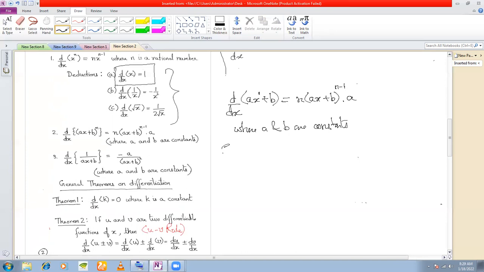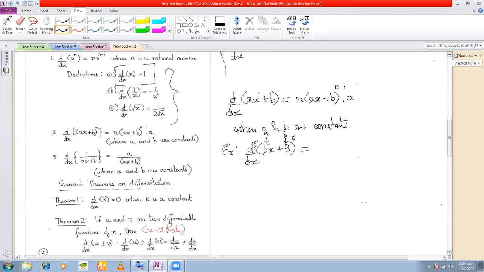Okay, let's take an example. Suppose I want to differentiate 5x plus 3, then how will I differentiate? If you see here, a is 5, this is your a, this is your b, right? Let's say 5x plus 3 to the power of 6.